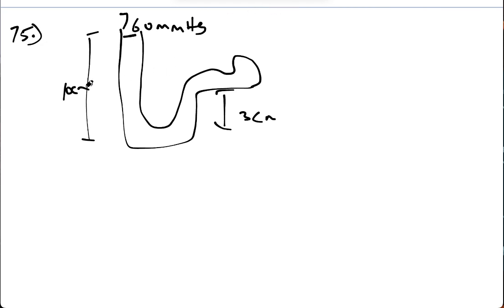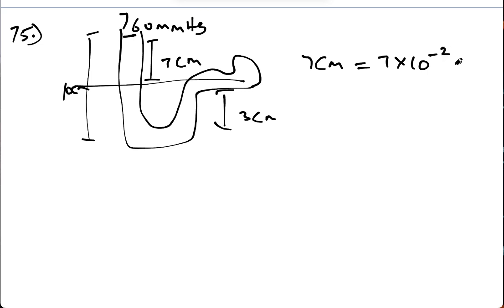Now we need to calculate the level where chamber G is. Since this place is 10 and this place is 3, whatever is left from here to here is 7 centimeters. Converting to millimeters, 7 centimeters equals 7 times 10 raised to power negative 2 meters, and multiplying by 10 gives 70 millimeters.